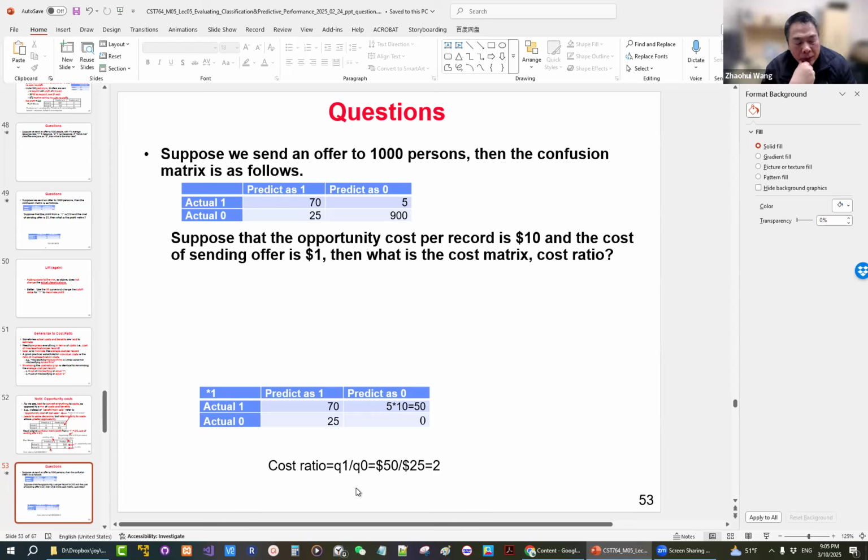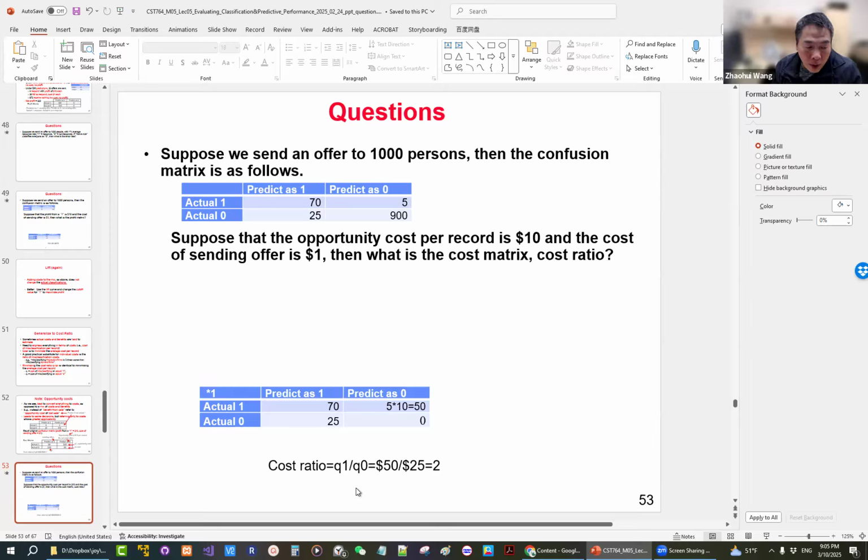So they are all costs. Yeah, the cost is not good. We don't have a high cost, but this ratio means misclassifying. That depends on which one we focus on. We focus on the cost from the loss of the opportunity, or we focus on the loss of the money.